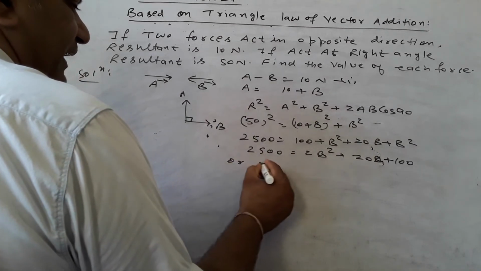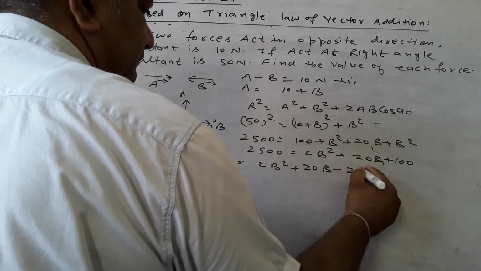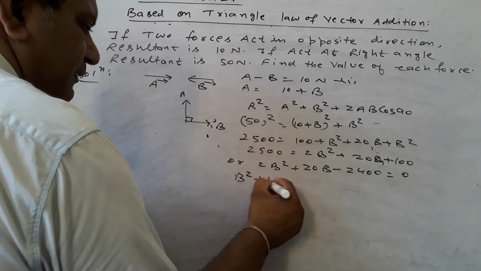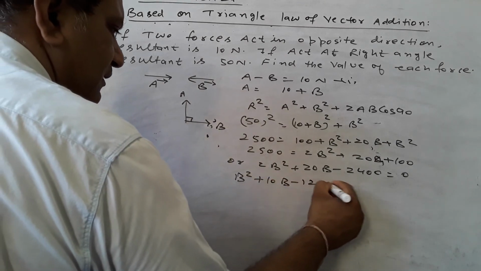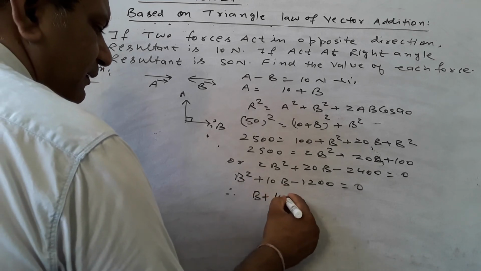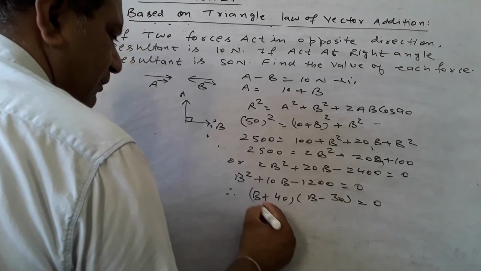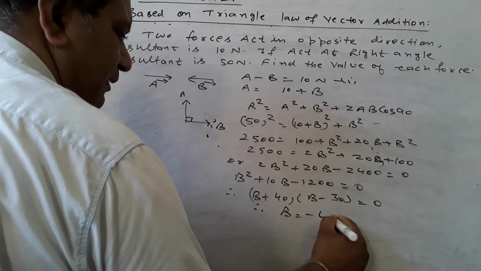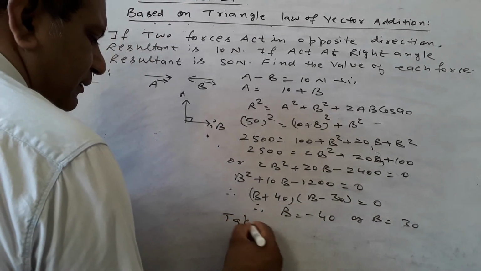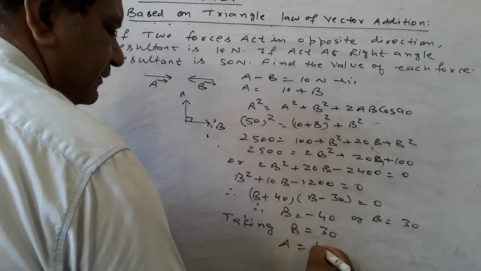Or we can write factors will be, taking B is equal to 30, A is 40.